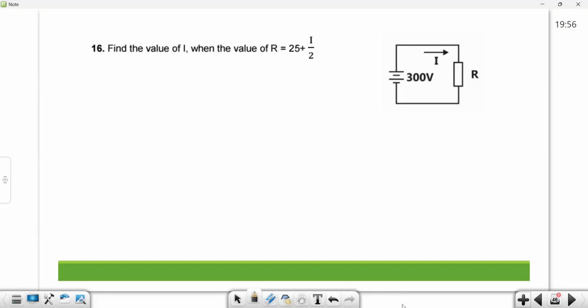Yes, what is the answer? Be quick. What is the answer?